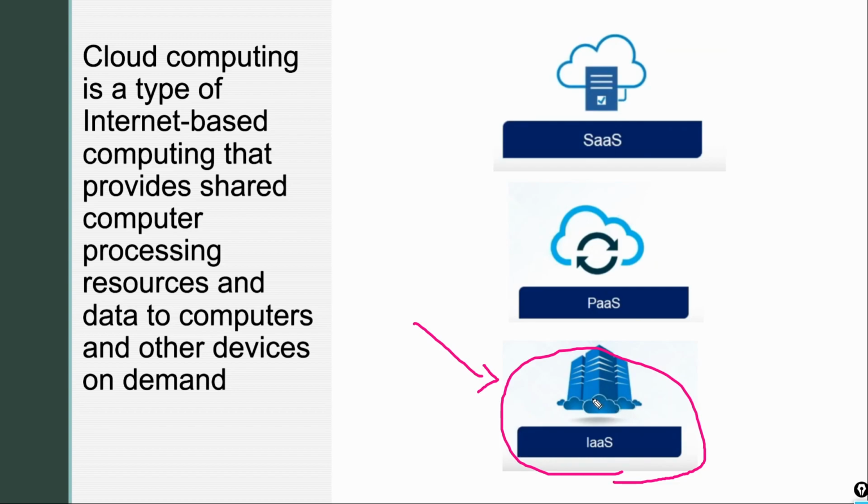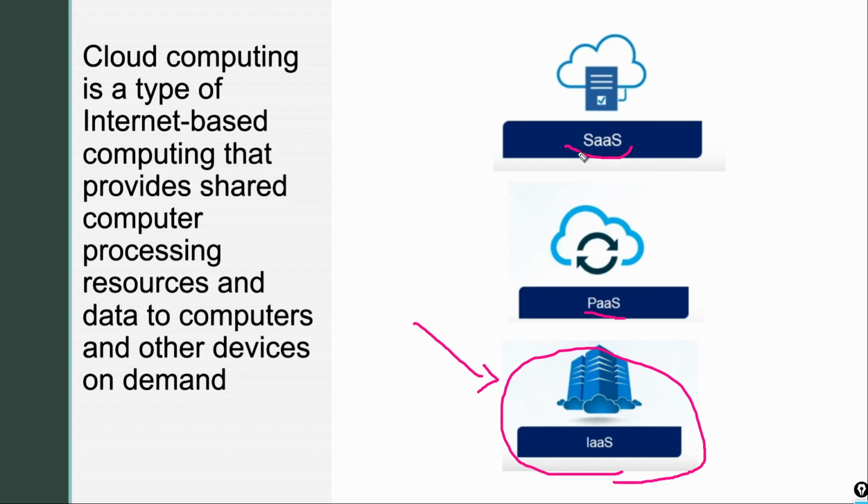So the servers, the computers, the networking, all of them are infrastructure. The second thing is PaaS, platform as a service. So what is a platform as a service? It could be our operating system, for example, Ubuntu, Linux, Windows, something like that, that we are using as a platform to develop our project.